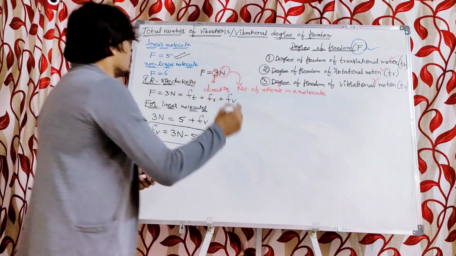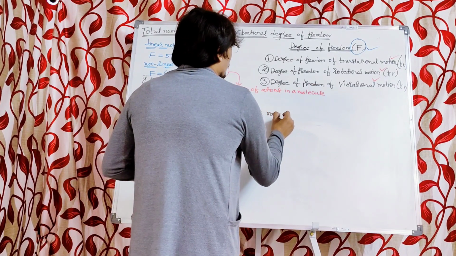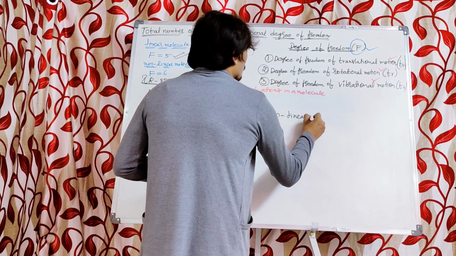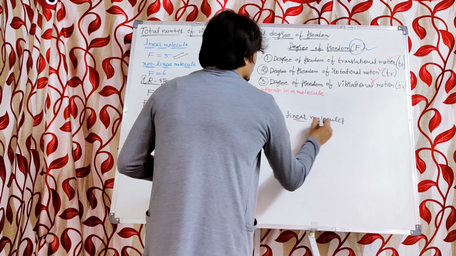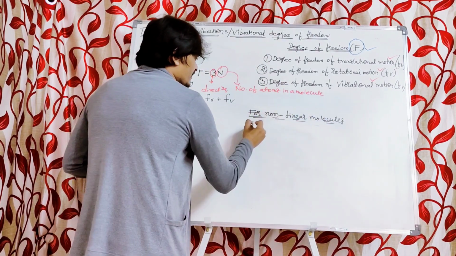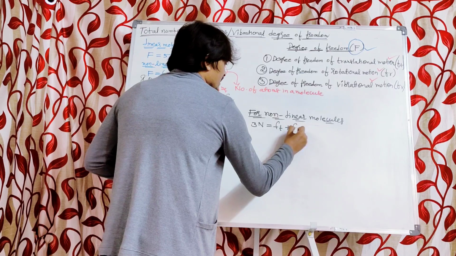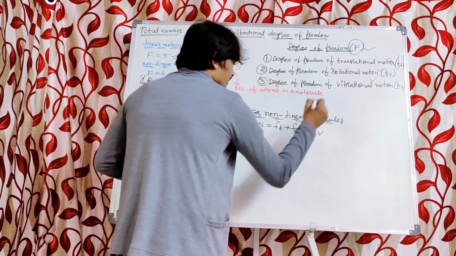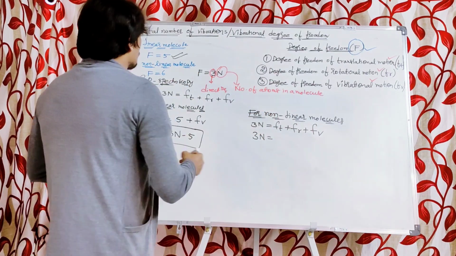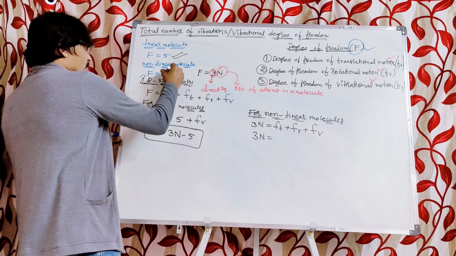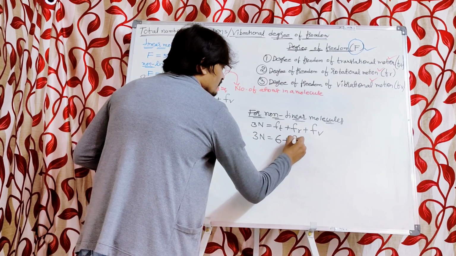Okay, got it. So coming to non-linear molecules, same. F is equal to 3n, so 3n equals Ft plus Fr plus Fv. For non-linear molecules, what is the value of F? F equals 6. So 6 plus Fv.